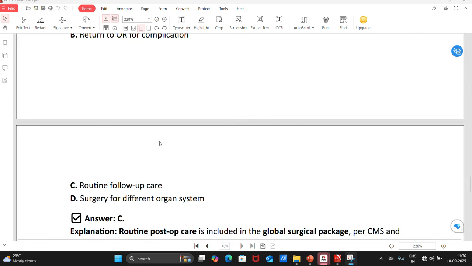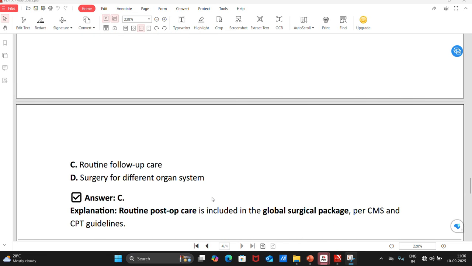Option C, routine follow-up care, and option D, surgery for a different organ system. So the right answer will be option C. Okay, explanation means routine post-op care is included in the global surgical package for CMS and CPT coverage. So this is the most important global surgery related question.